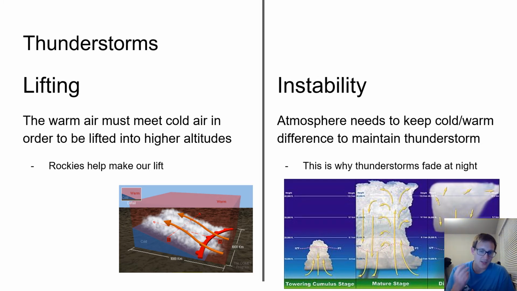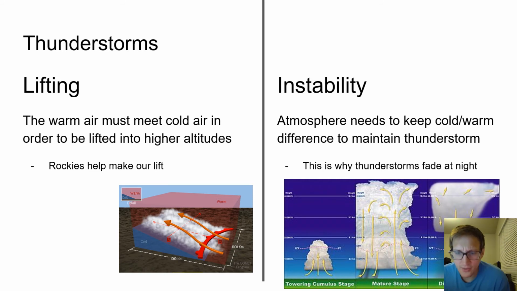Okay, and then as far as instability, the atmosphere needs to keep a cold and warm difference to maintain a thunderstorm. This is why thunderstorms fade at night, mostly because of this imbalance of cold versus warm air coming into the atmosphere.